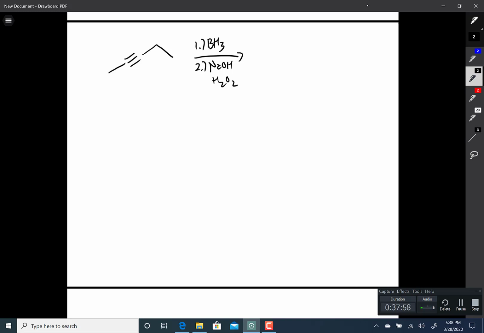Both carbons are equally substituted. So expect a mixture of both molecules.